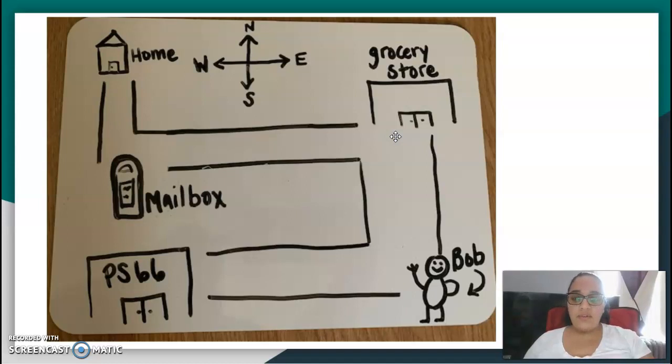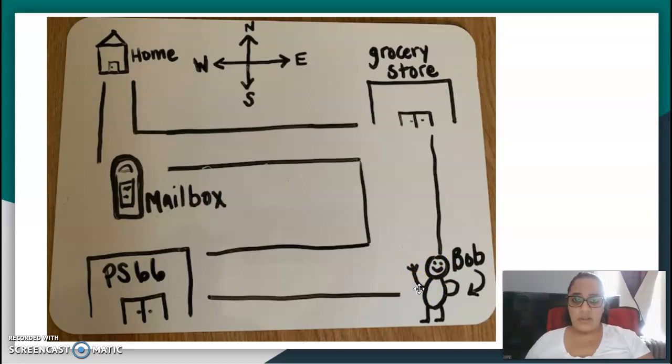So now you want to go from the grocery store to your friend Bob. Which direction would we go? Yep, you're right. We would go south because we are walking down. And last but not least, how would we get to PS66 from our friend Bob?